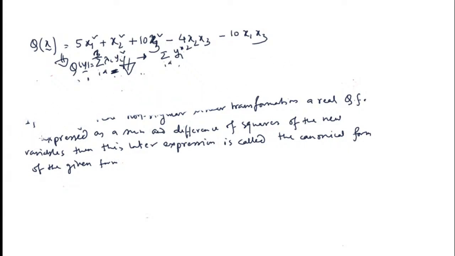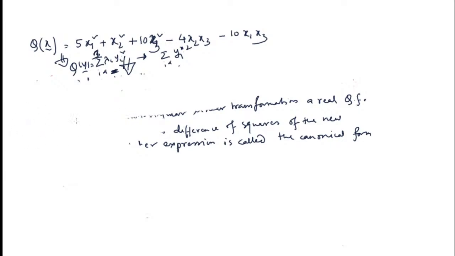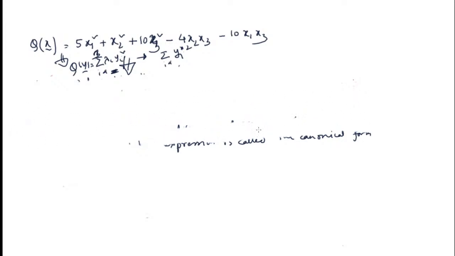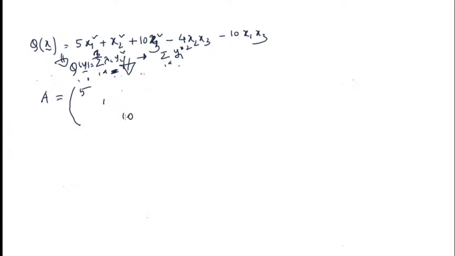So we know we can always choose matrix A symmetric. Here A has diagonal elements as shown. Write it like that: x1, x2, x3, x1, x2, x3.